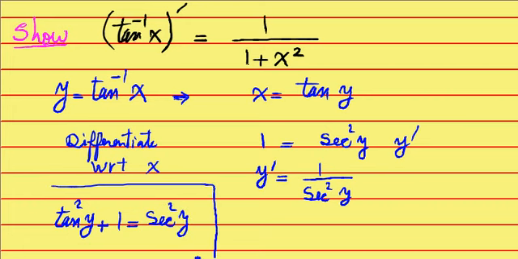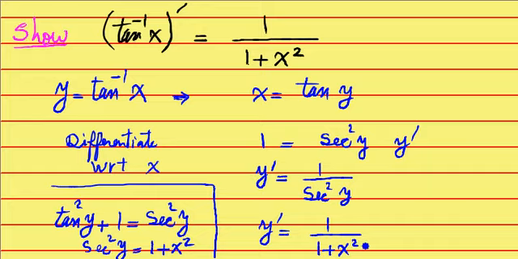Remember that identity? So secant squared of y is equal to 1 plus tangent squared of y, and tangent of y was x. Squaring it gives you x squared. So secant squared of y is equal to 1 plus x squared. This finalizes our answer here. We did not need to worry about plus or minus cases here.